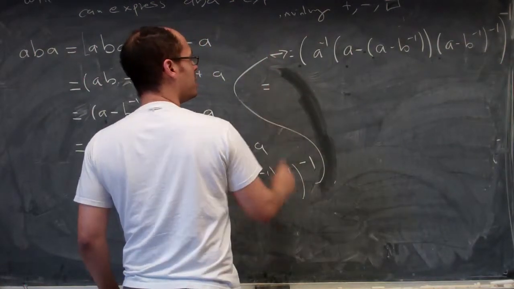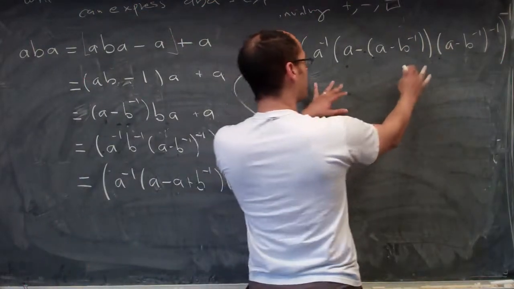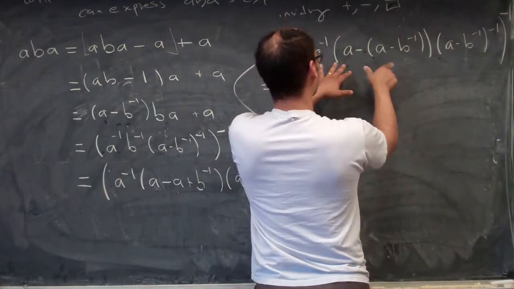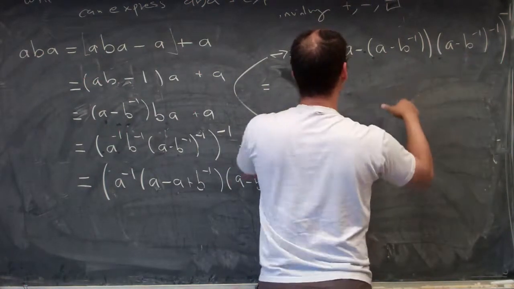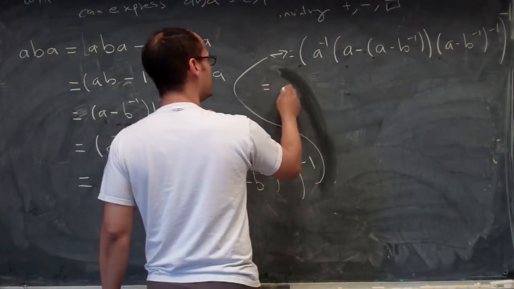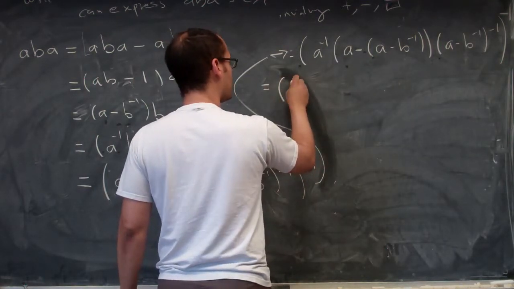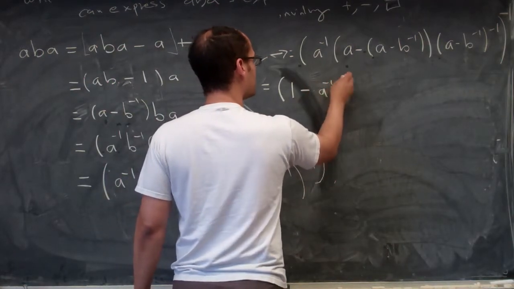Now, what is that? Well, I'm going to take this expression and multiply in these A inverse and the A minus B inverse guy. So, multiplying through the A inverse, that looks easier. I'll get a 1 minus A inverse.